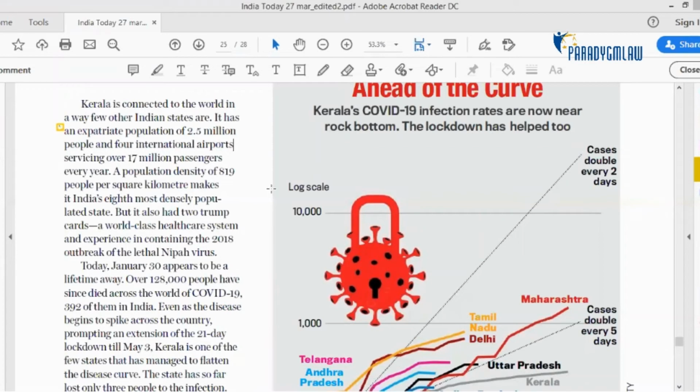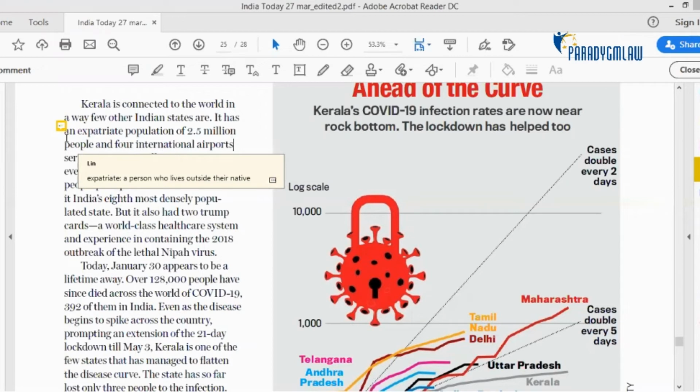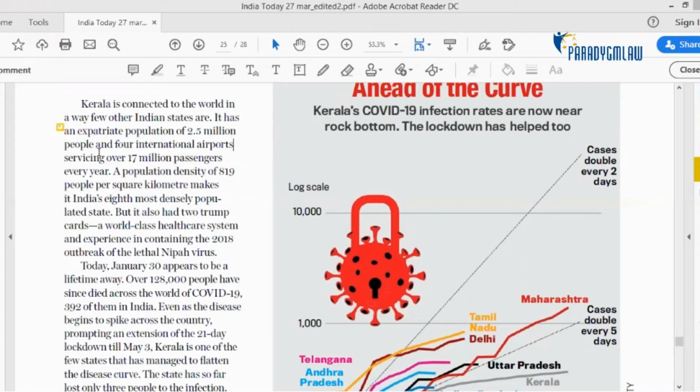The second paragraph gives us the information of the expatriate population, a person who lives outside their native place. Here we have 2.5 million people, and this is the number of passengers who come through the 4 international airports in Kerala.